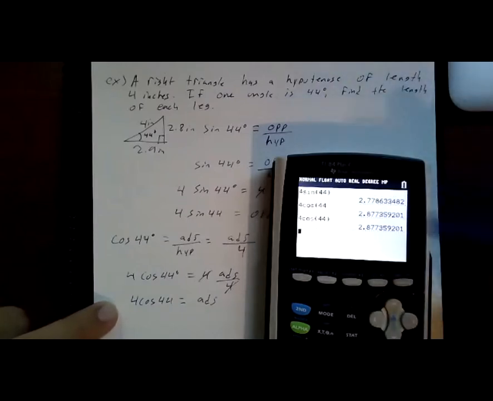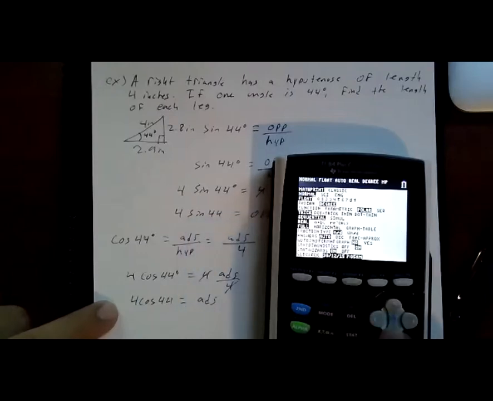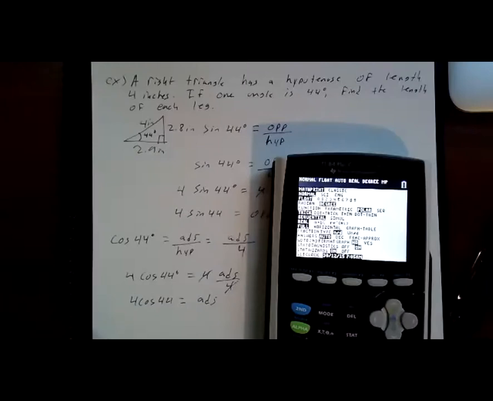If you get something different from what I got, it's probably in radian. I got 3.9 for my cosine. I did too. Yeah, so go to mode and change radian to degree. Assuming you have some sort of TI something. TI 30, 83, 89 should be similar.